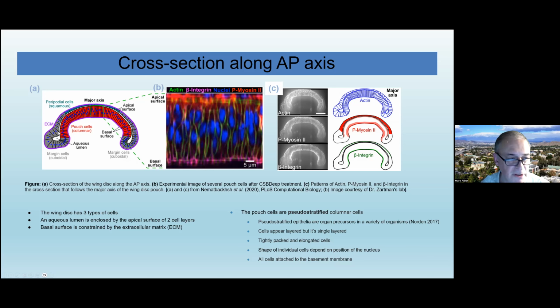And the curvature of the surface as it evolves is extremely important. If it doesn't get to a specific curvature, it's not going to start bending in the opposite direction, and this phase of the development is not going to be completed. So getting the right curvature for the piece of tissue during this phase of development is very important. You perturb it, you're going to get a fly with an absolutely undeveloped wing.